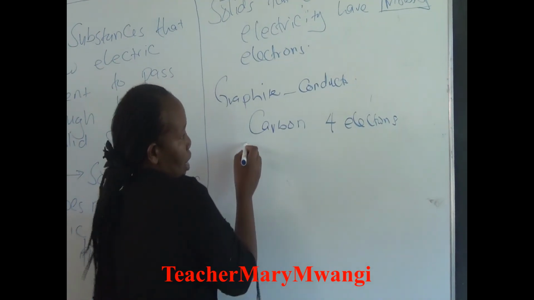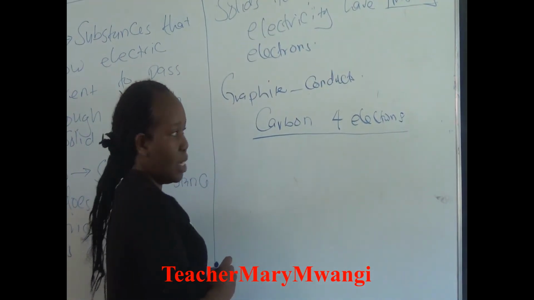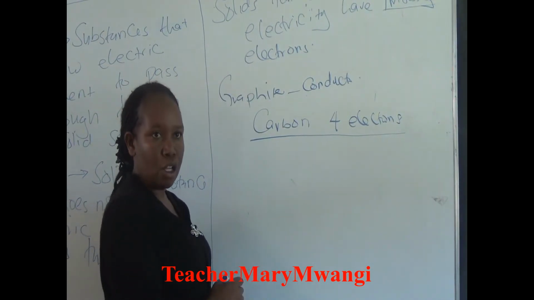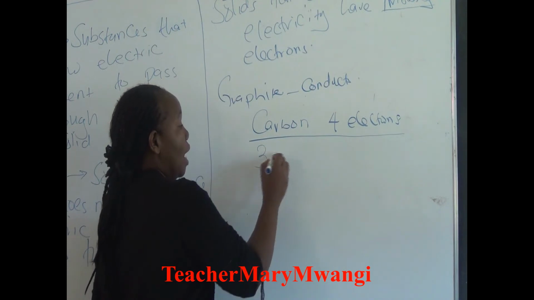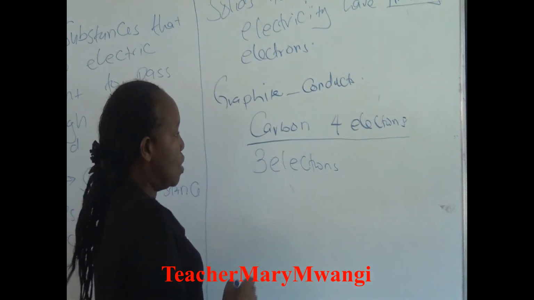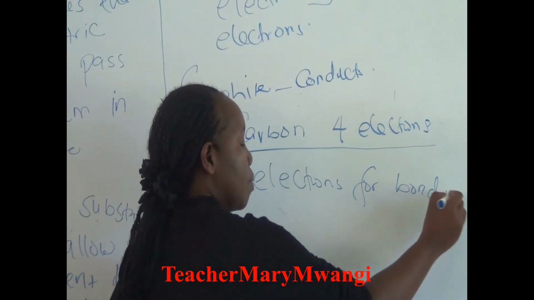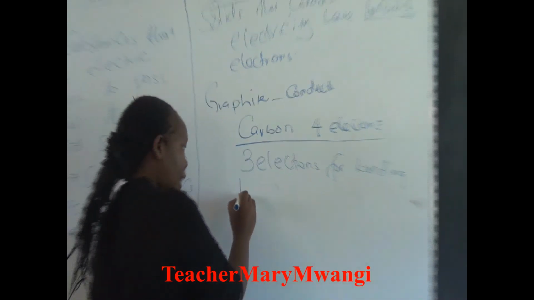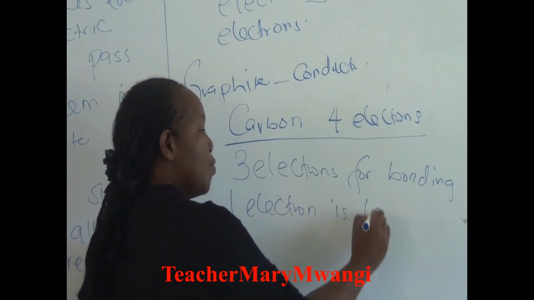This means that these 4 electrons, not all of them are used for bonding. So graphite will use 3 electrons for bonding, and 1 electron is left free.